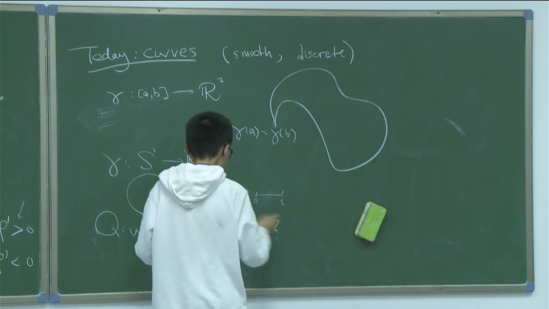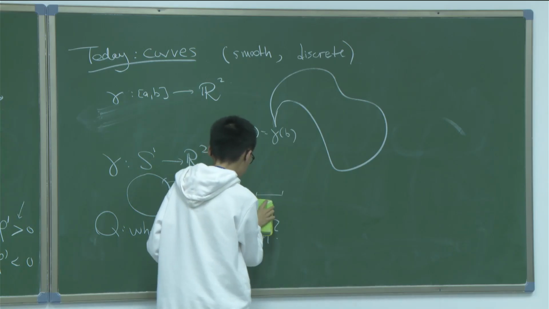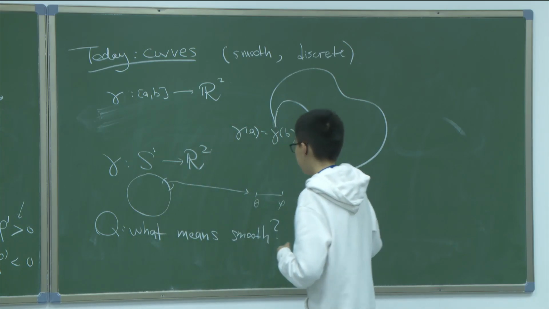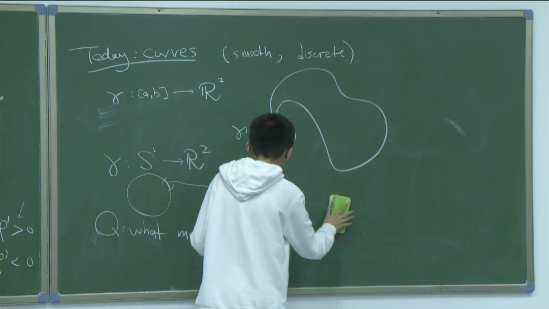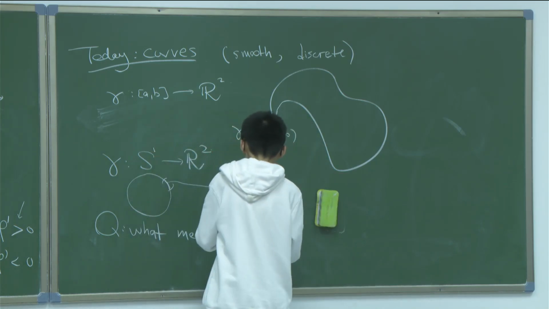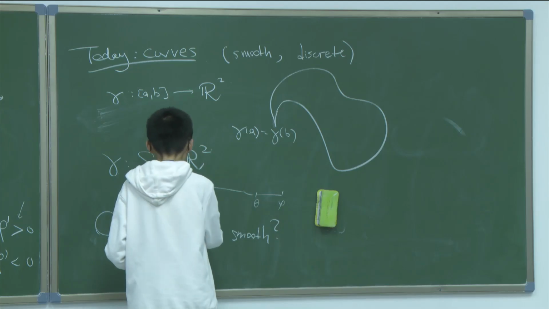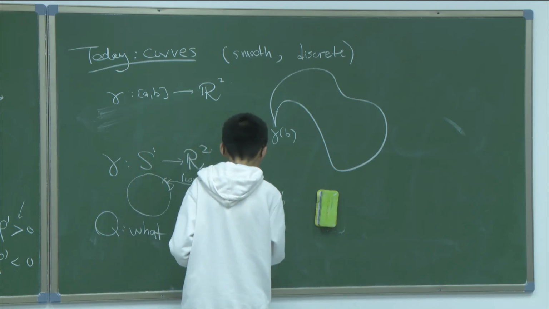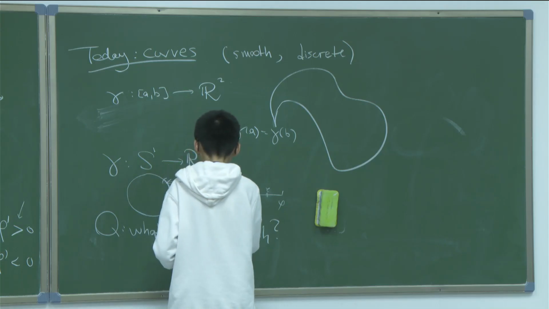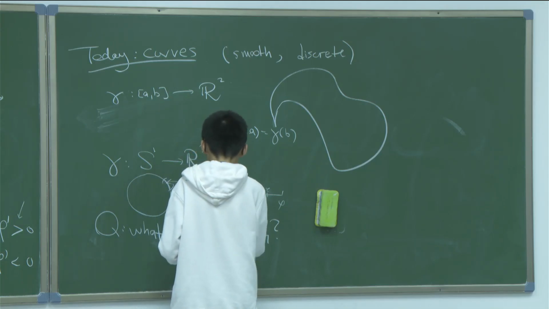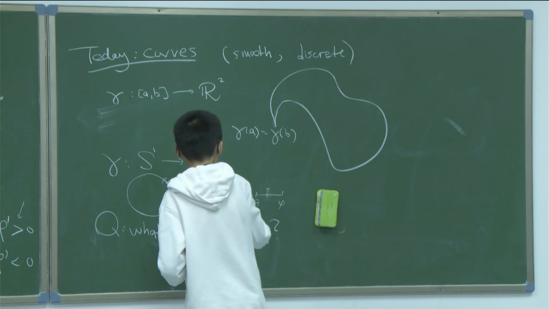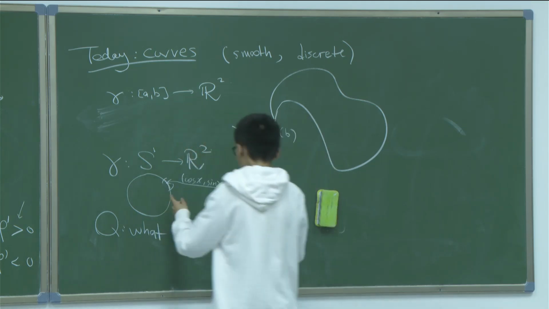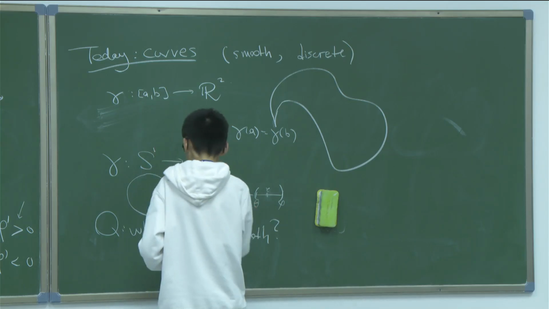Or for this case, from theta and phi, you can do that. So the mapping given there is cosine x and sine x. And this is open, so this gives a smooth mapping from this to this.